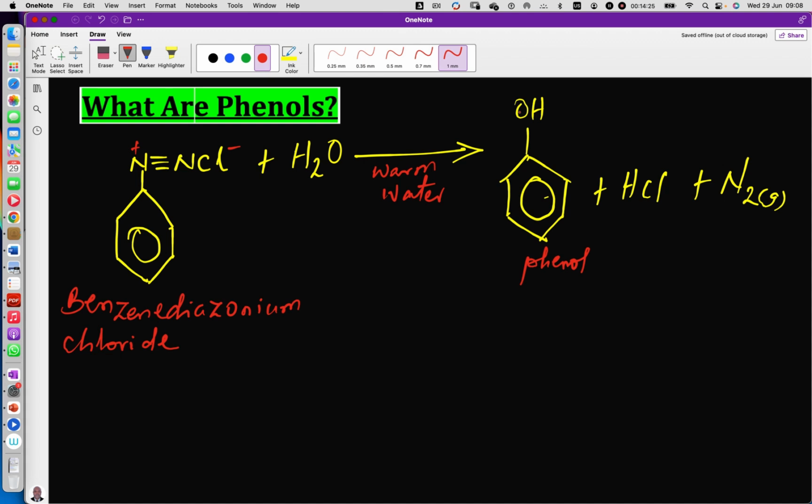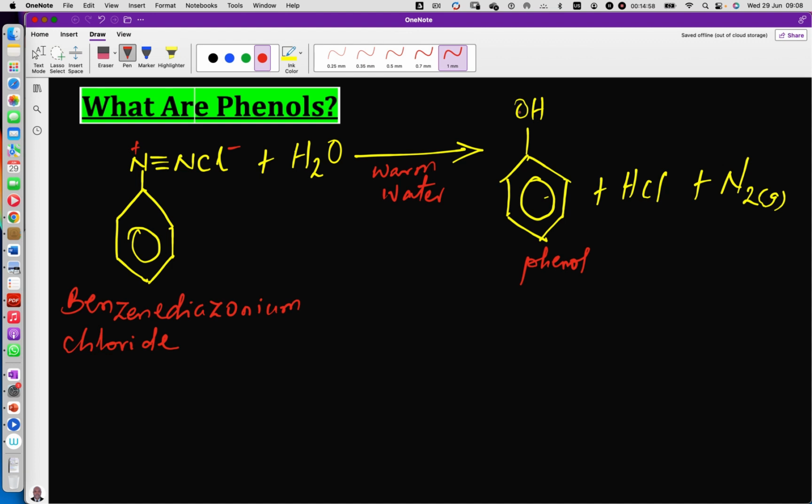And when the electron density is increased, it makes phenol more reactive than benzene itself. And because of this, it increases the acidity of phenols.